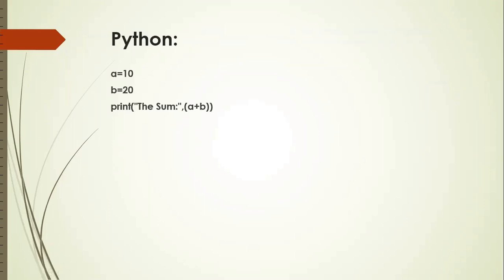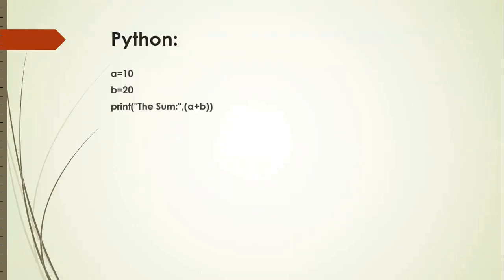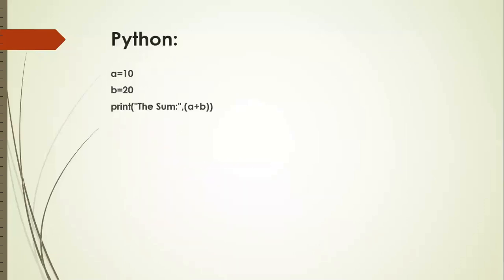So this is the difference between Java, C and Python, so that you can understand how much effort you need for Java, C and Python. This is a major difference.